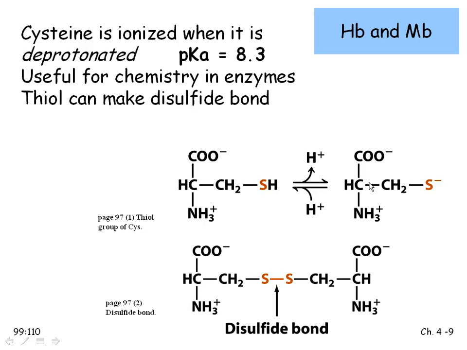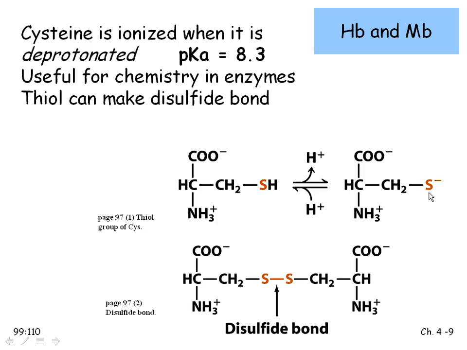Cysteine is another amino acid whose side chain can be protonated or deprotonated. And so I showed it to you initially in this form, which is the protonated form and an unionized form. It can lose that proton and become deprotonated or ionized. Its pKa is more basic, around 8.3.